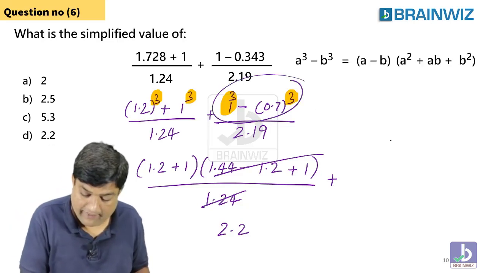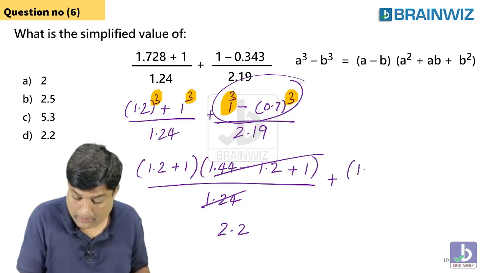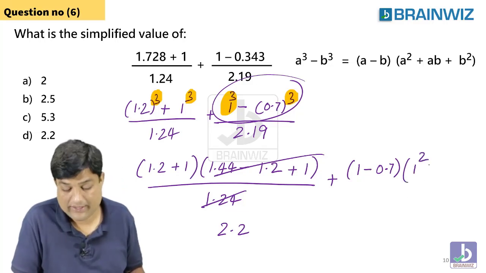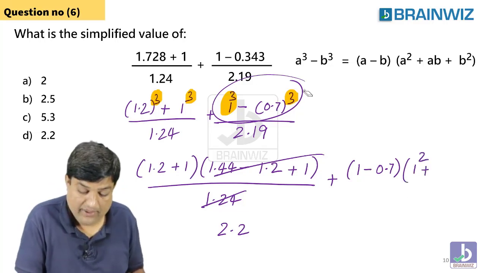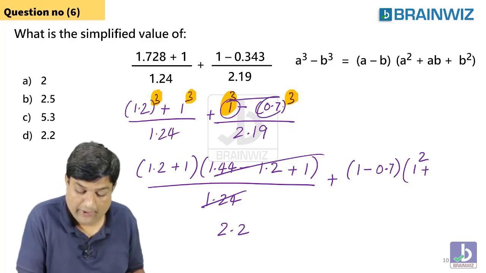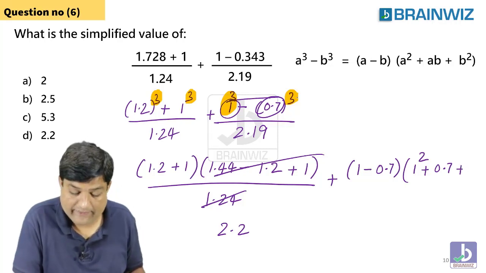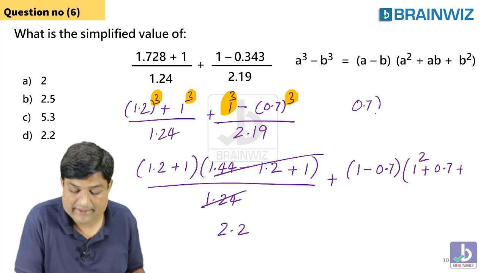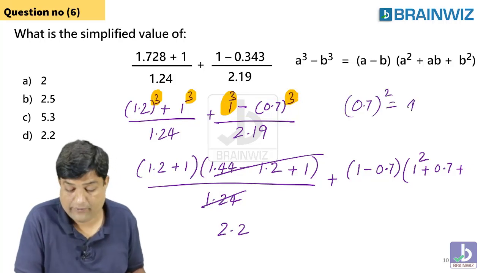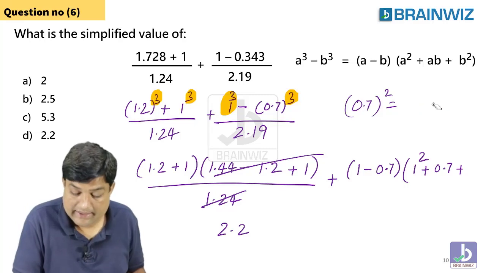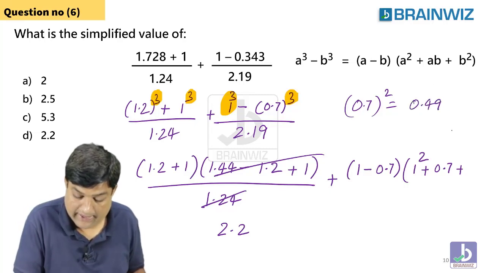Now here what is a value? 1. 1 minus 0.7, that is a minus b, into a square, that is 1 square, plus ab. ab is nothing but 1 into 0.7, that is 0.7 itself, plus b square. b square is 0.7 whole square. What is 0.7 whole square, guys? You all know that 7 square is 49. So this is 0.49, guys. What is this?